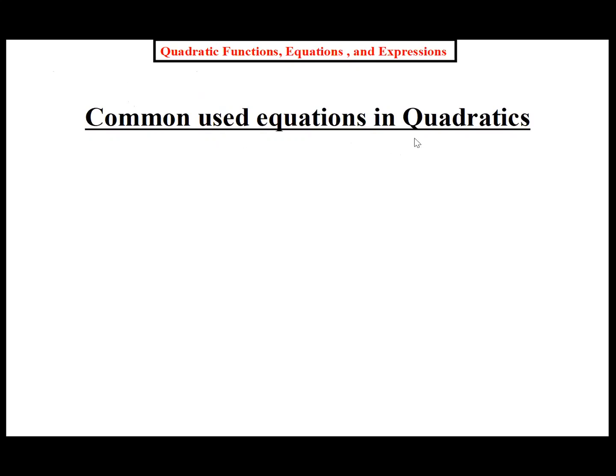Commonly used equations in quadratics. Whenever they're talking about problems in quadratics, but applying them to the real world, there are these common ones. The first one has to do with distance fallen in feet at time t in seconds.